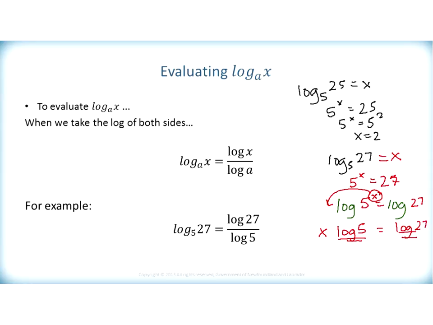Solving for x then, we would see that log 27 over log 5 would equal x. Which now gives us another way of evaluating a log expression. Any log of x base a will be equal to log x over log a, since we're using the method of taking the log of both sides to preserve equality, of course. So for example, log 27 base 5 would be equal to log 27 over log 5.